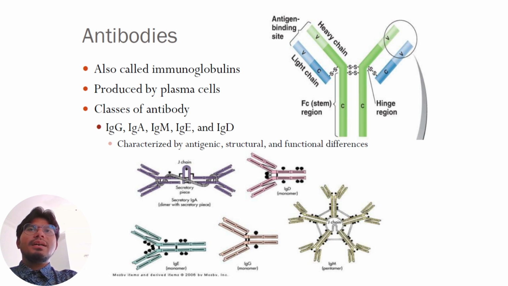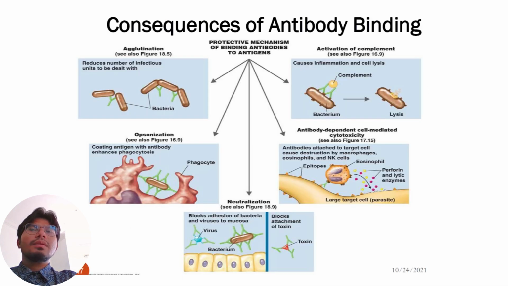Those antibodies have their own specific function in killing pathogen. When antibody binds with the antigen, there are five results that will take place. Meaning to say, the pathogen will be killed or removed by these five mechanisms: agglutination, opsonization, neutralization, activation of complement system, and cytotoxic T cell.